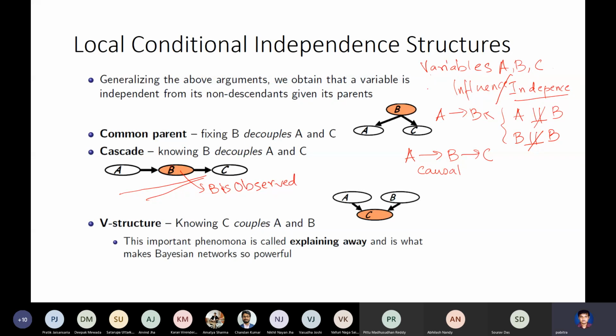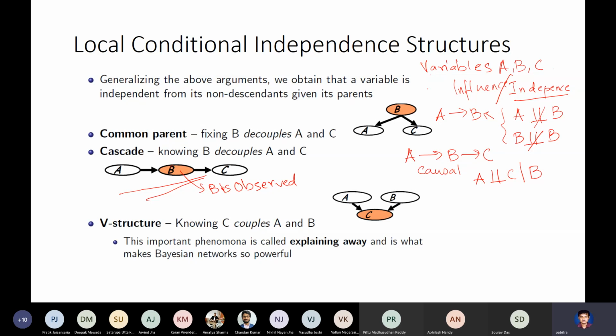As it turns out, since B is more of a direct influence, if this kind of structure holds and B is observed, then A is independent of C given B.